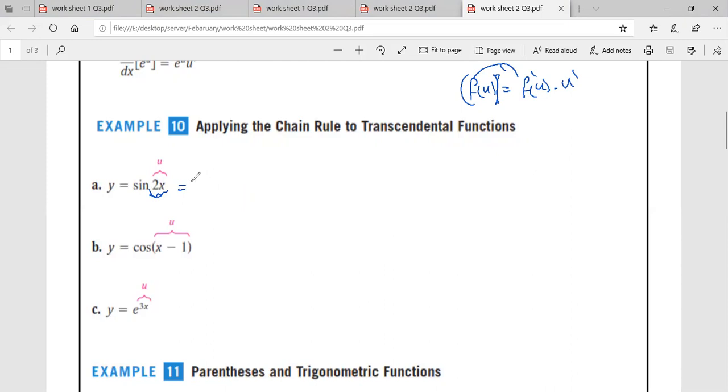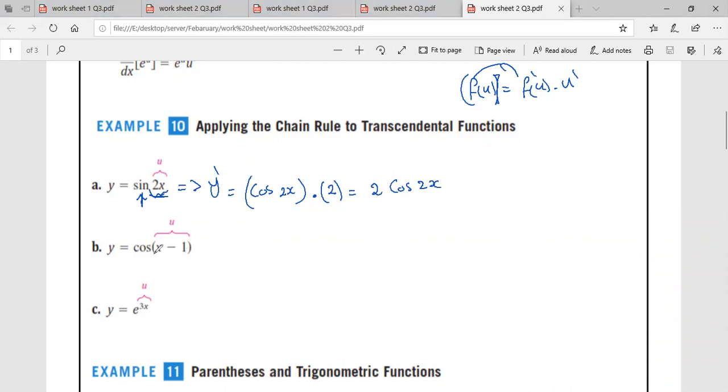What is the derivative of this one? It will be the derivative of the outer. What is the derivative of sine? Cosine, but of u, which is 2x, multiply the derivative of u, the derivative of the angle, which is 2, written between two brackets to avoid careless mistakes. It will be 2 cosine 2x.